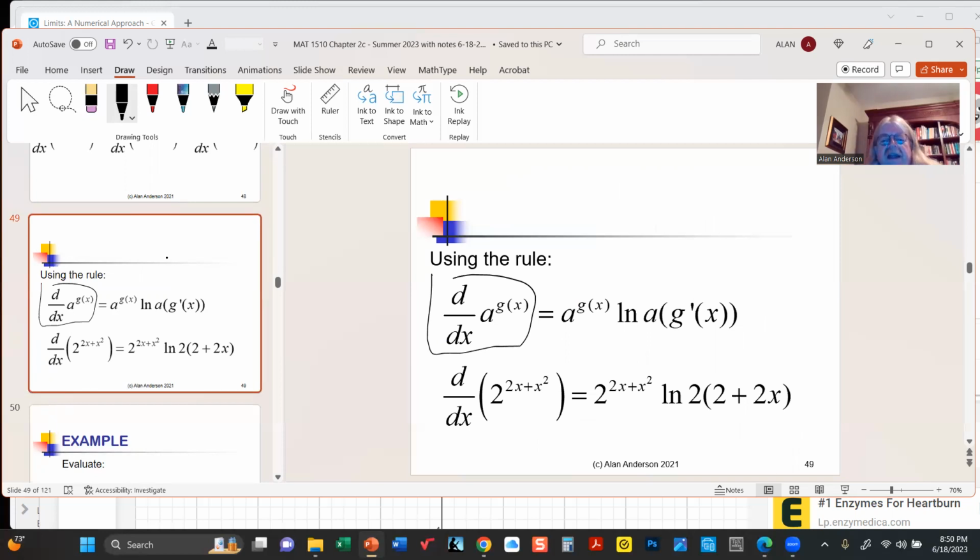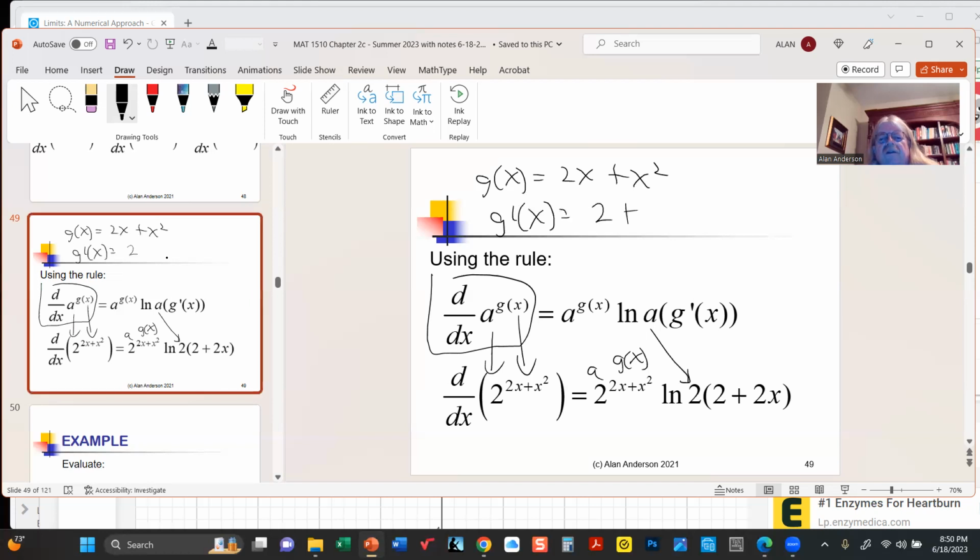And in this specific case, a is 2, and g of x is 2x plus x squared. So we get a to the g of x log a. And of course, since g of x is 2x plus x squared, g prime of x must be 2 plus 2x. Now, I don't think there's any reasonable way to consolidate or simplify this, so you can just leave it the way it is. But that's fine.